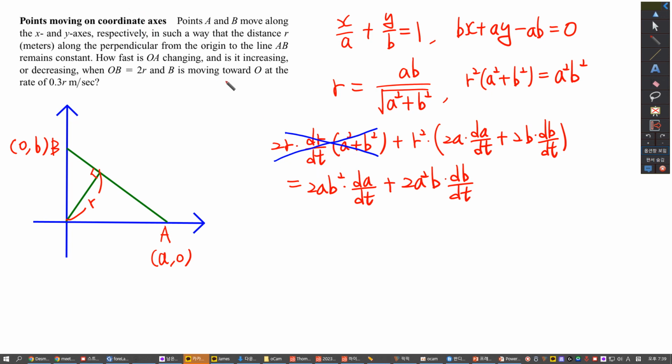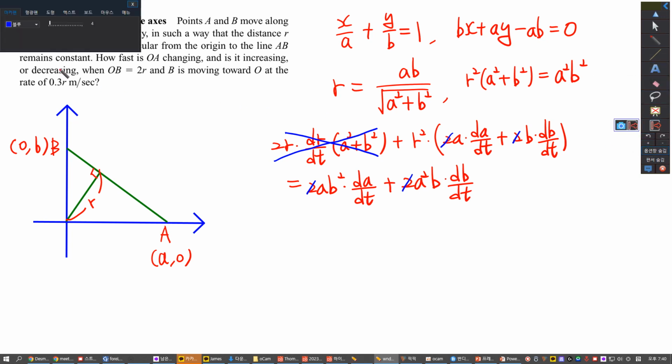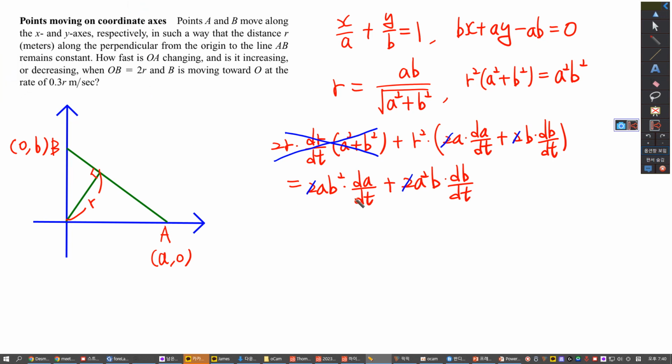And then we can cancel these 2's. From the question, the length of OB is 2R.